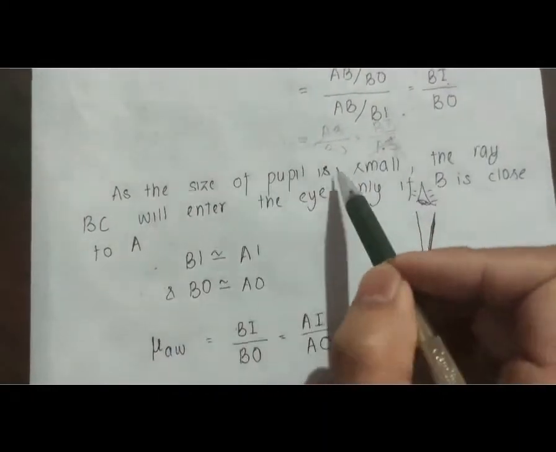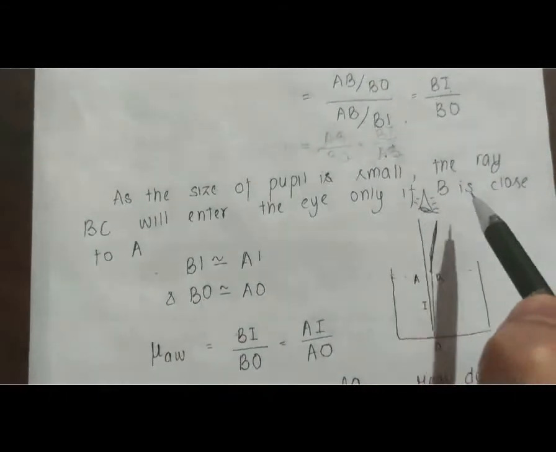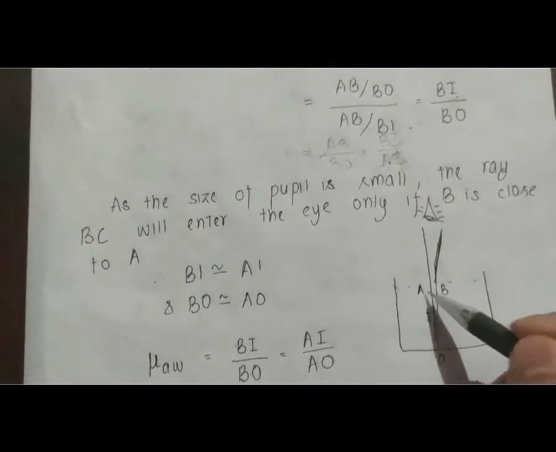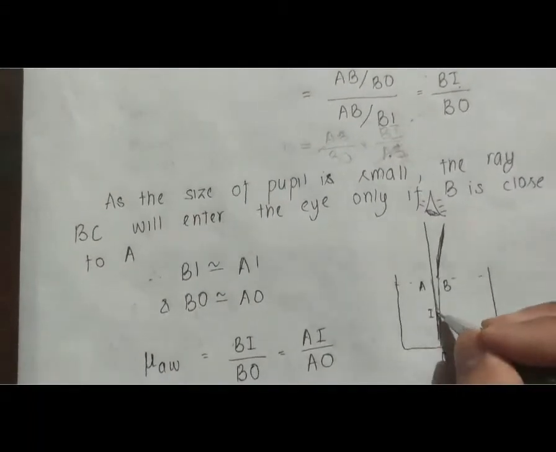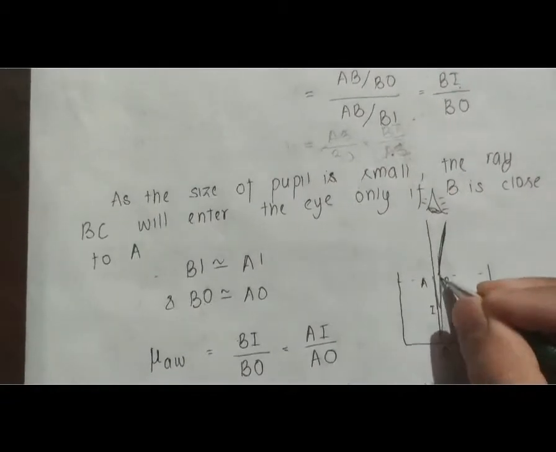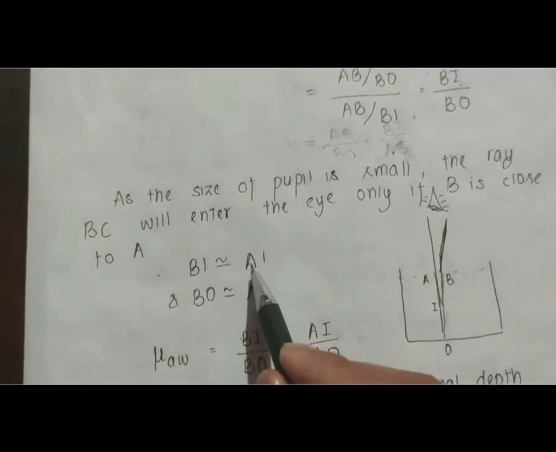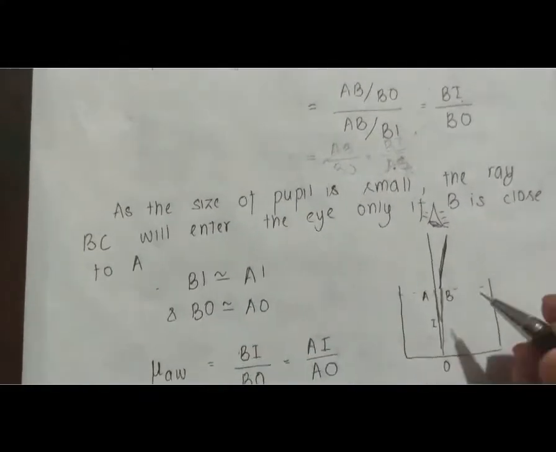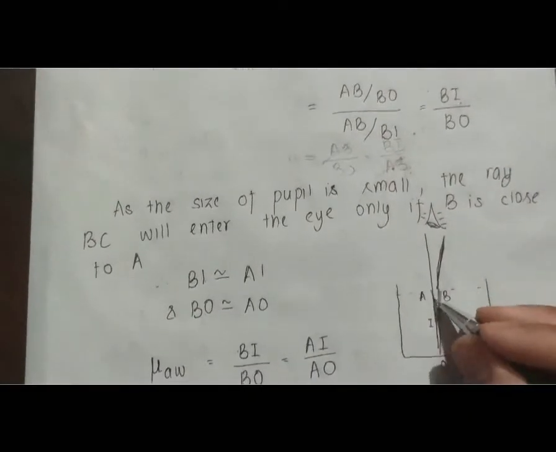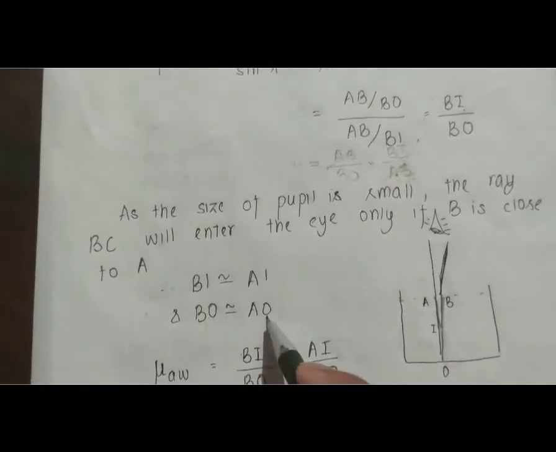As the size of the pupil is small, the ray BC will enter the eye only if B is close to A. Now what happens if B is close to A? This distance AI will be approximately equal to BI. So I've written BI approximately equals AI. Also your distance BO is approximately equal to AO.